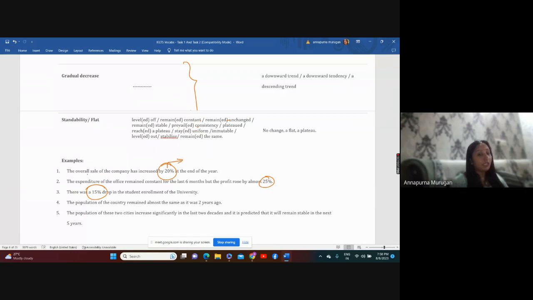I can use: the overall sale of the company has increased by less than a quarter, less than one fourth of the total sales at the end of the year.